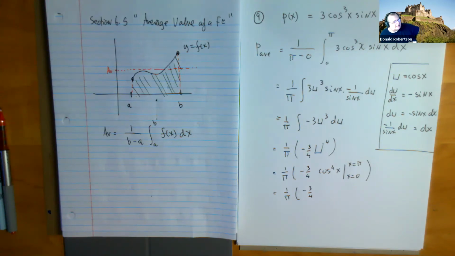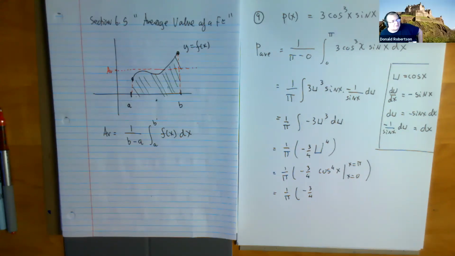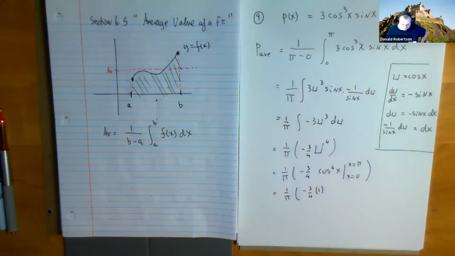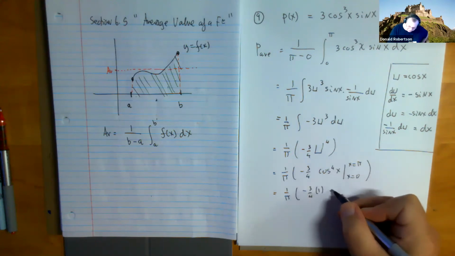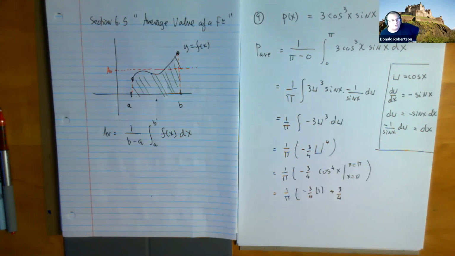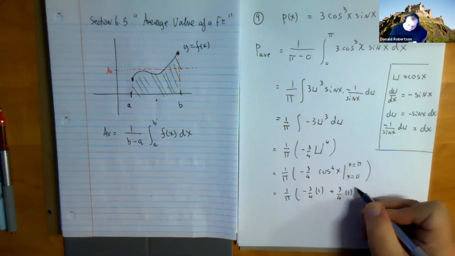Isn't the cosine of pi negative 1? Yeah. Great. So negative 1 to the 4, isn't that just 1 again? So that's where the 1 came from. Take away a negative is adding. So it's going to be add 3/4. Isn't the cosine of 0 1? So cosine to the 4 is 1, so you're going to add that guy.